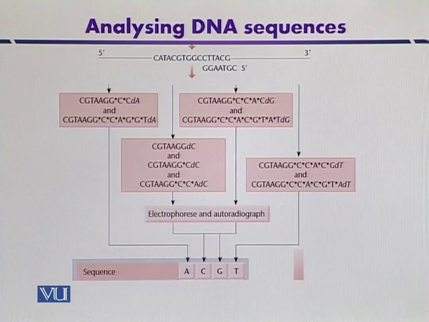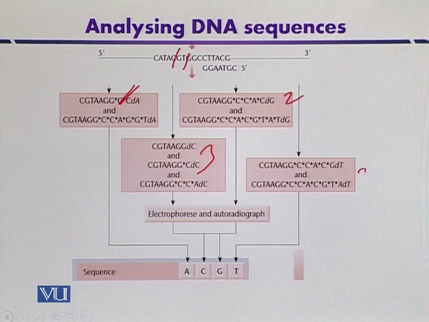And here we have different fragments of the target sequence, like here 2 guanine residues are there, so we will get 2 fragments ending in cytosine. In this way we get different fragments for different bases, like 2 for guanine, 3 for cytosine and 2 for thymine.